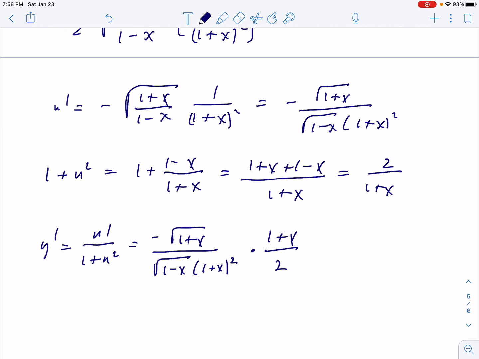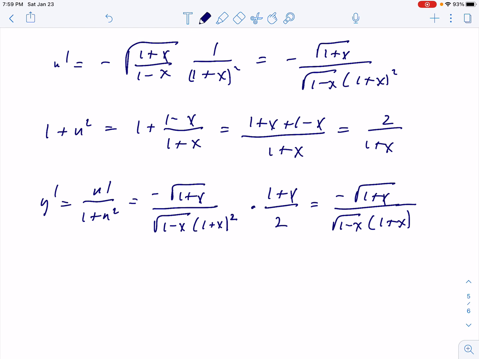And what happens? We can reduce by 1 plus x, and it becomes negative root 1 plus x, root 1 minus x, 1 plus x, like that.